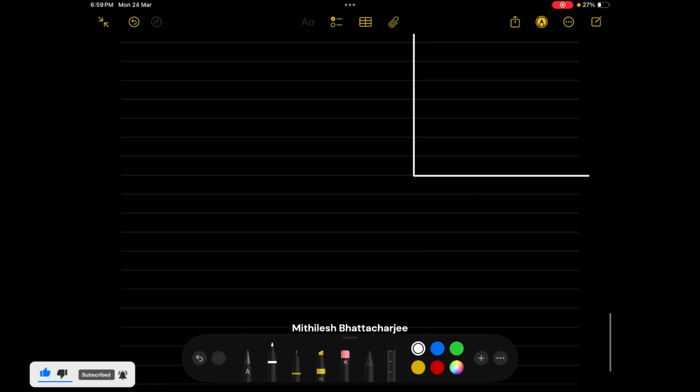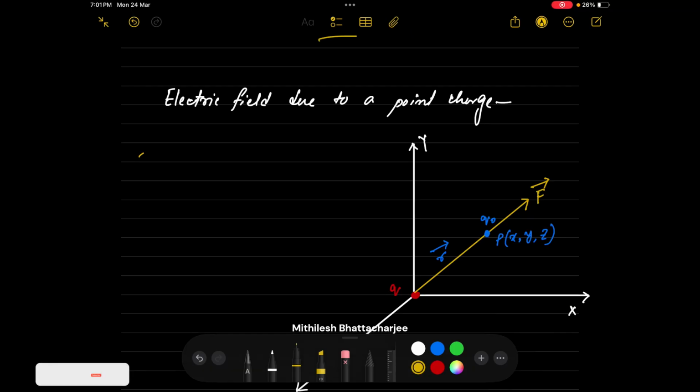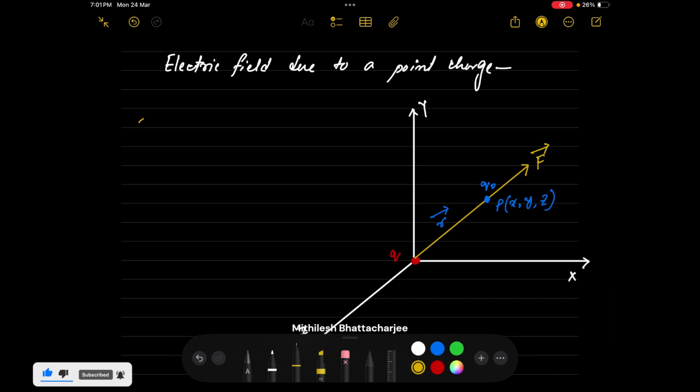We'll consider a point charge Q at the origin of the XYZ axis. This is the origin of the XYZ axis. This is the charge Q. This is the test charge Q naught, placed inside the region of Q, at a distance of r vector from the origin. The position is P, which is denoted as x, y, z.